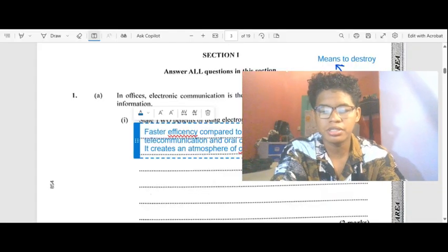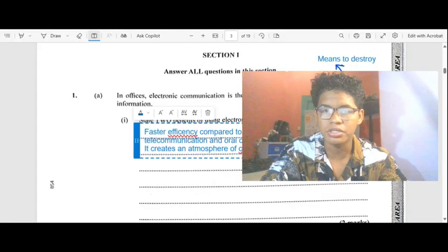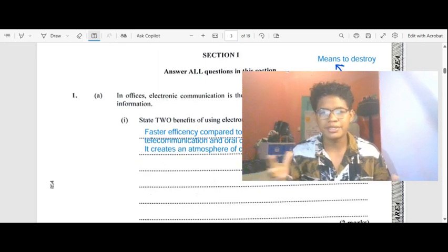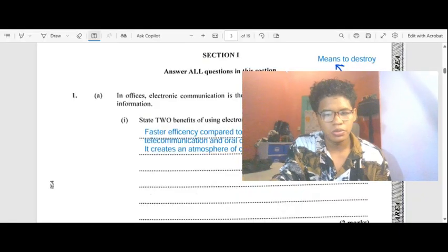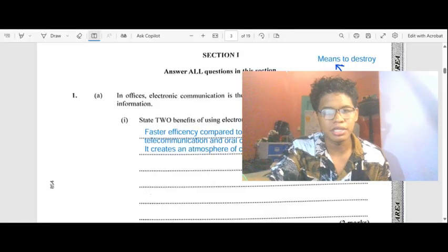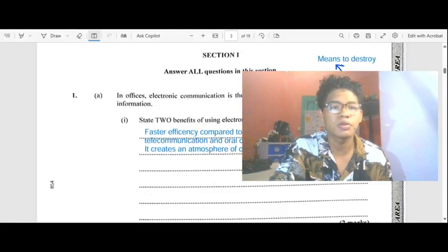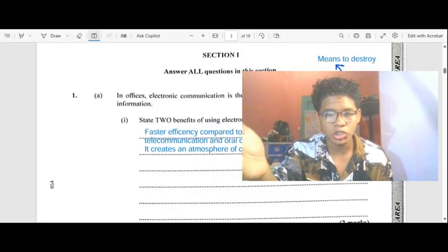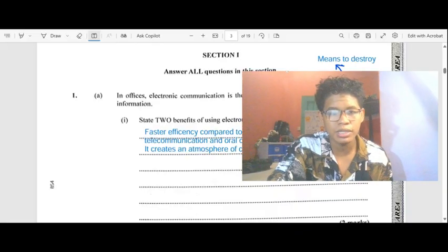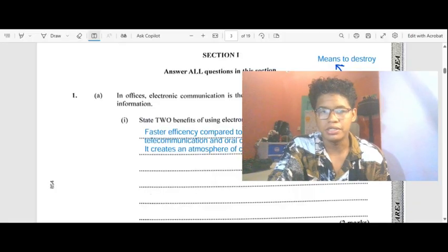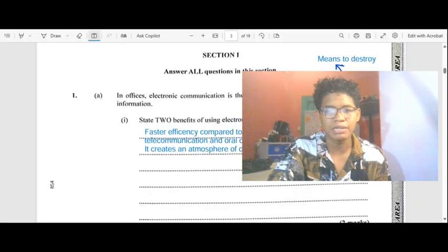These two terms are basically the same thing: coherence and cohesion. Coherence basically means that within the business setting, you're communicating with different social media applications such as WhatsApp. You create different WhatsApp groups, and you have access to the information faster, more efficiently, and more effectively. So the communication branch is generally easier. So first of all, faster efficiency, and it creates an atmosphere of coherence, of cohesion.